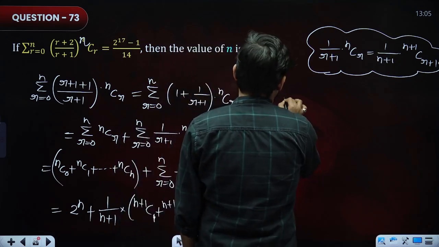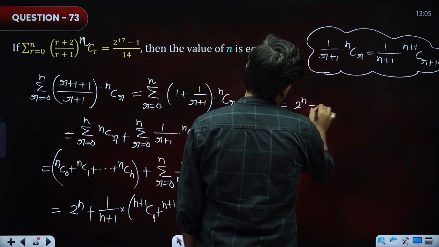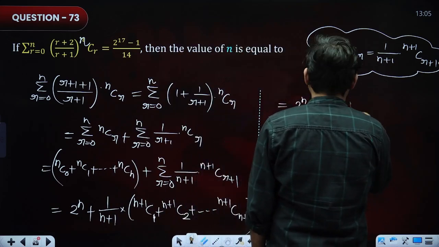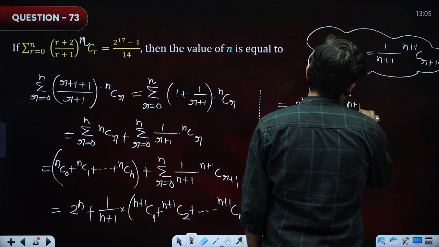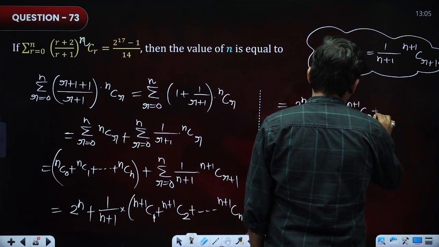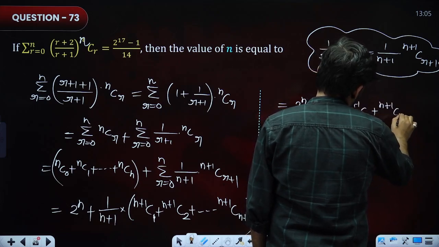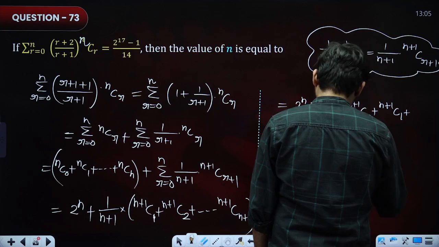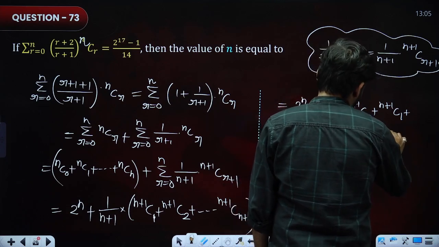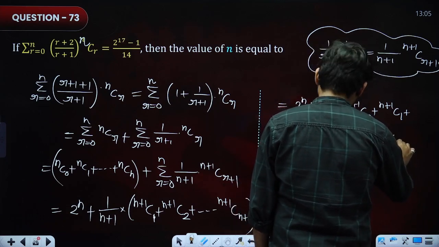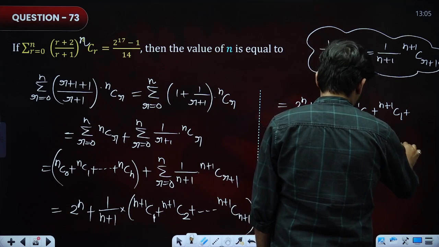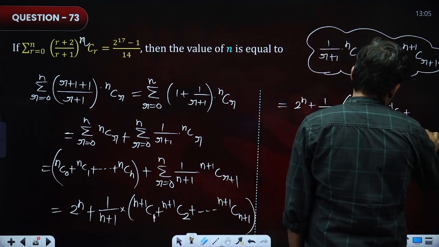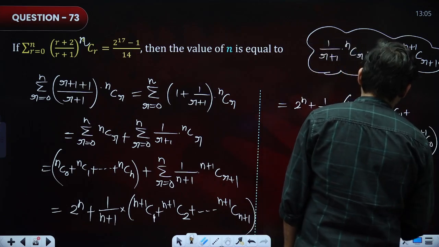Therefore, we can write this equals 2 raised to n plus 1 upon (n plus 1), and here we can write (n plus 1)C0 plus (n plus 1)C1 till (n plus 1)C(n plus 1), and minus (n plus 1)C0.